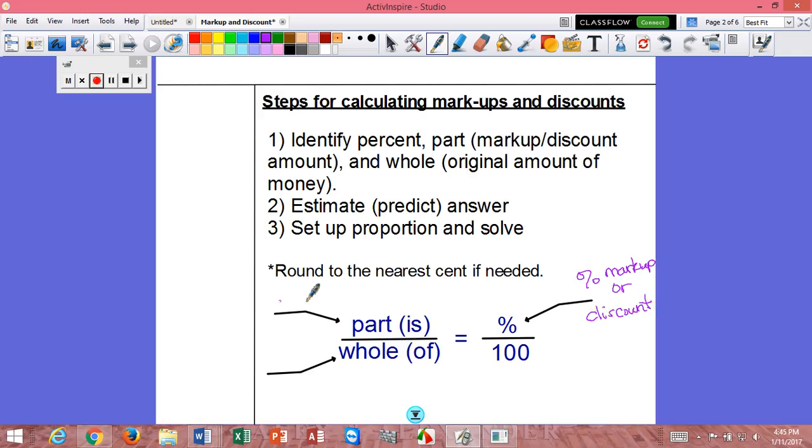The part, that is going to be the amount of markup or discount. And then the whole, that's always going to be the original amount of money.